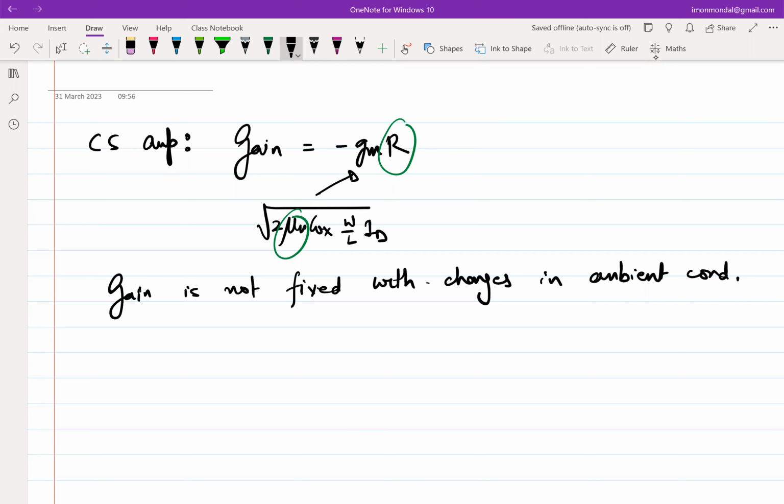Now, what would have happened if this amplification factor had changed with time? Sometimes you would have seen a very loud voice coming out, sometimes a feeble voice, and so on, right? So this is not something that is desirable. We would like to ensure that the gain is stable. Whatever the value of the gain might be, it should be stable. If you have to design a product and sell it in the market, you cannot say that today it will have so much gain, tomorrow it will have so much gain.